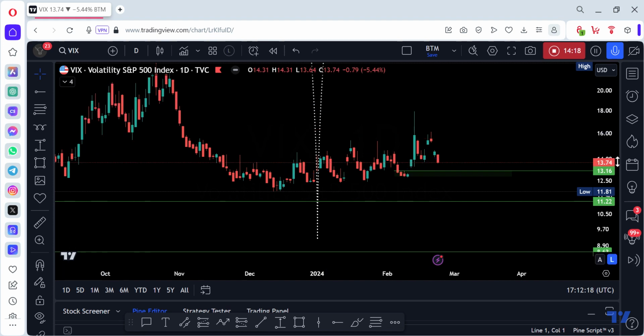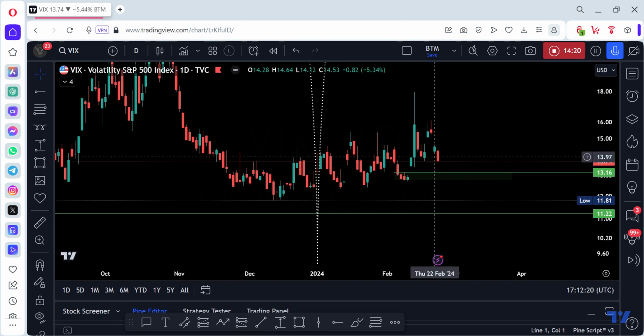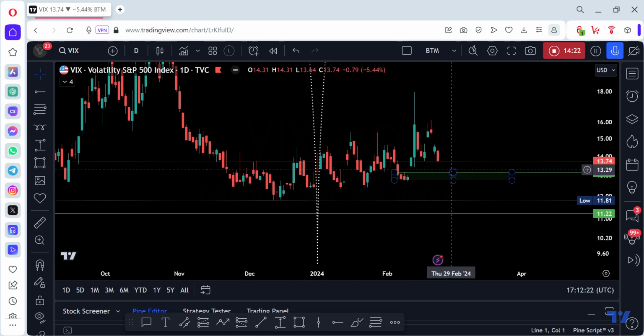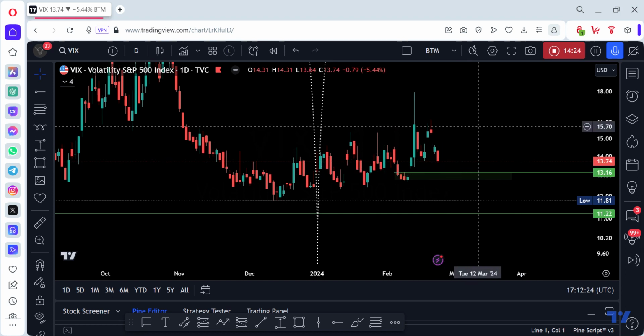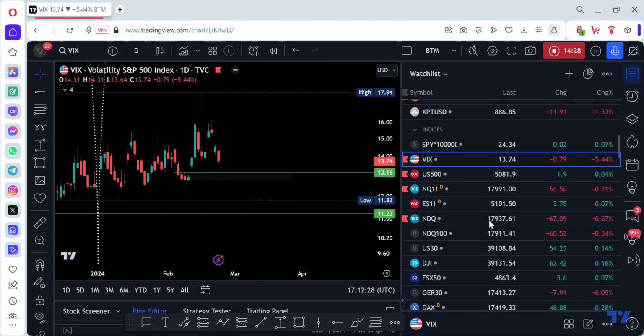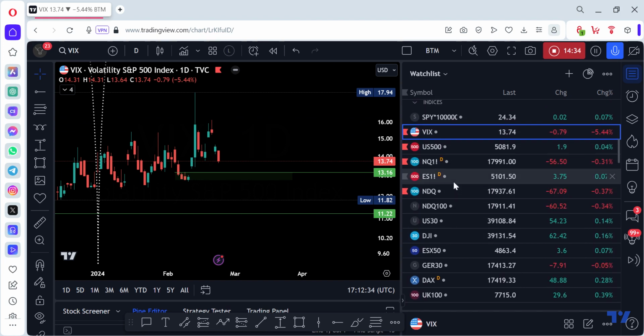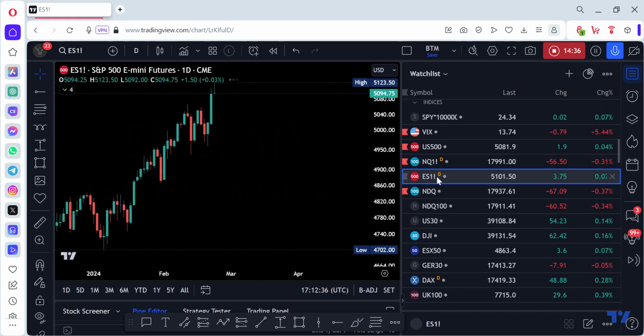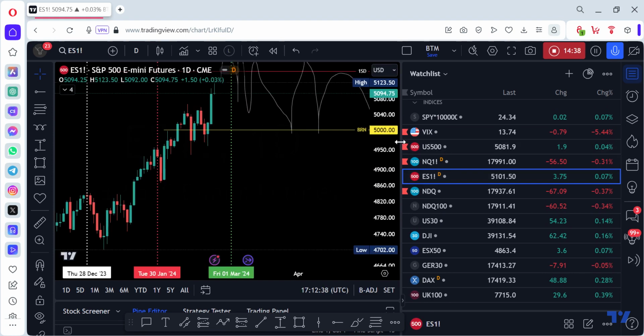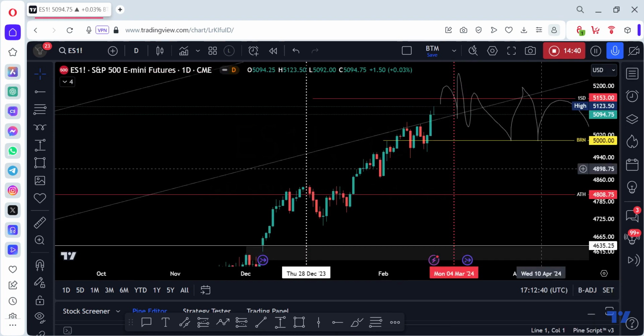Okay, so my idea is this: if the VIX comes down here and tries to bounce, and I see good bars, I will try to short this bounce. Okay, so that's literally what I'm going to watch. You need to understand the markets; they are all correlated in one way or another.